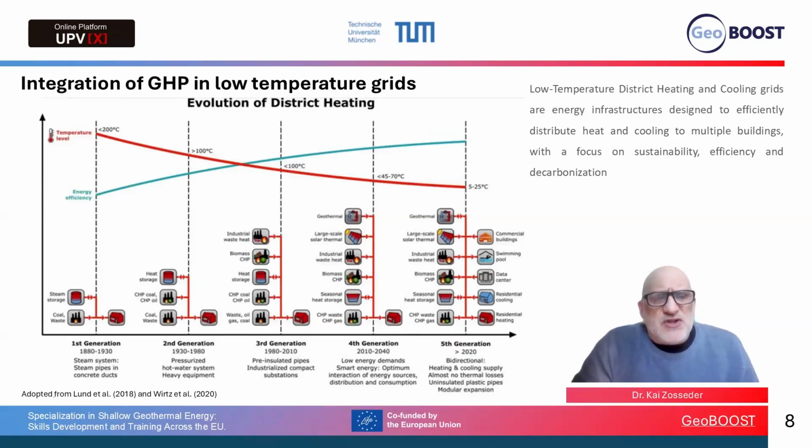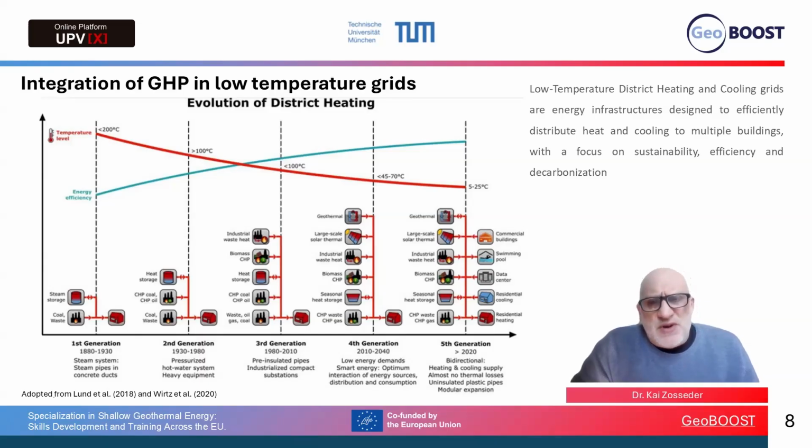You see in the picture now the development of specific district heating grids. And the development is that the temperature level is actually decreasing if you go to the next generation. So on the far right side, you see the fifth generation grids, and the grid temperature is very low here, between 5 and 25 degrees Celsius.